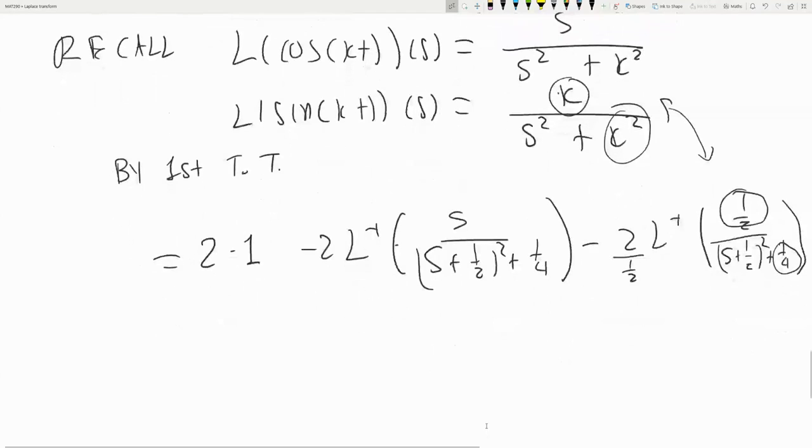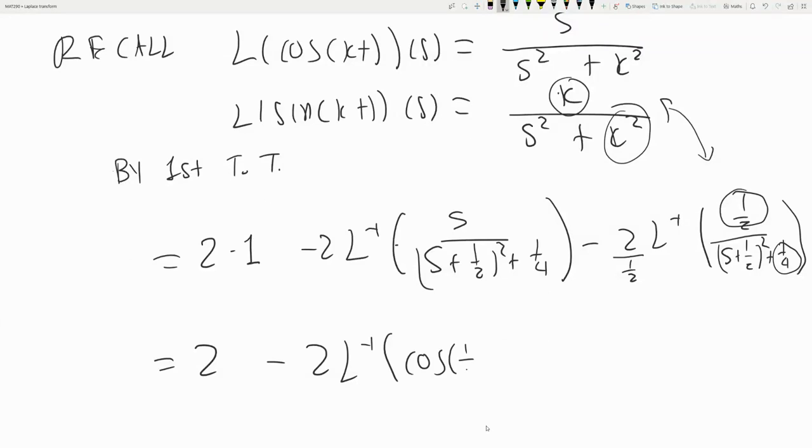All right. So now let's use our translation theorem. So this is still 2. And now we have Laplace inverse of cosine 1 over 2, sorry, with s minus a half.